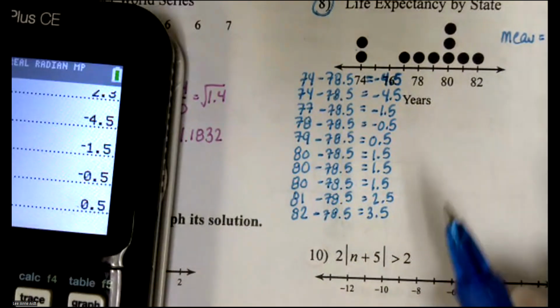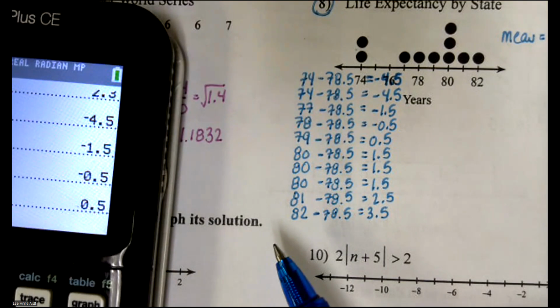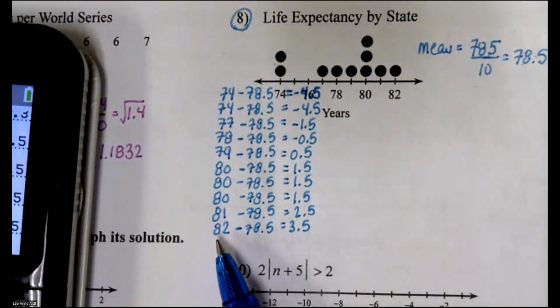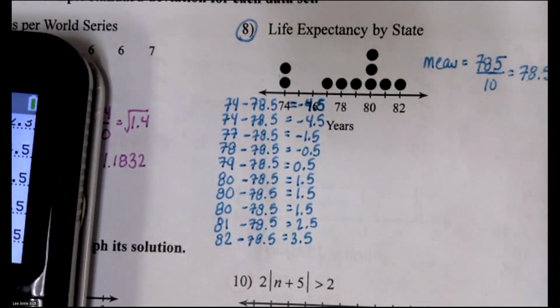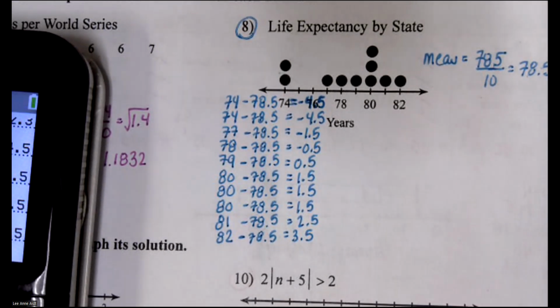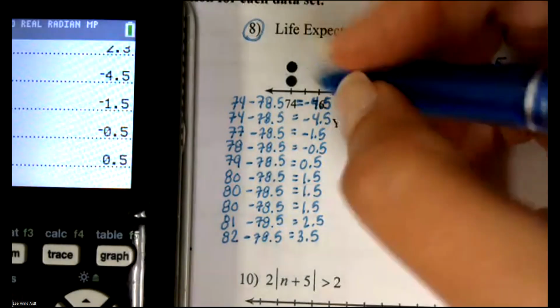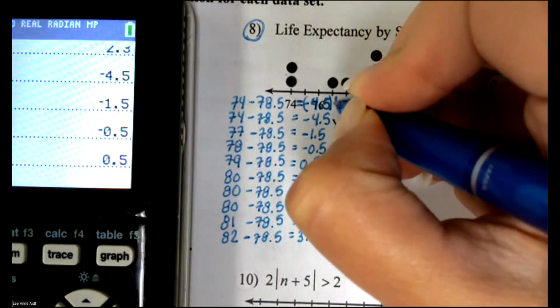Do you guys have any questions about how I got step 1 or 2? Step 1 was write all of the numbers in a list in a column. Step 2 is subtract the mean. Does anybody remember step 3? You can look back at your previous example. Square.